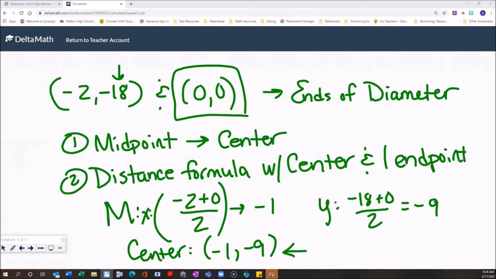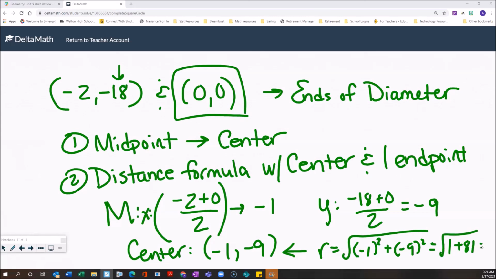Okay, so the distance, which will be the radius, will be the square root of 82, but r squared is 82.